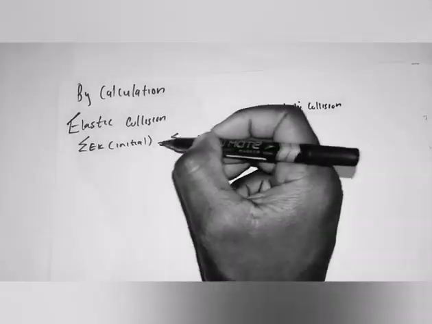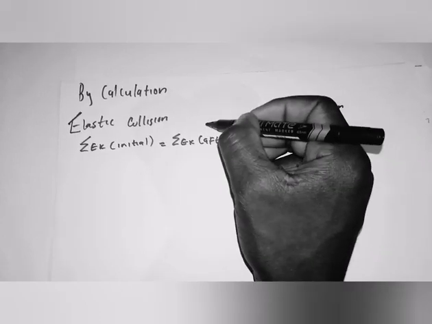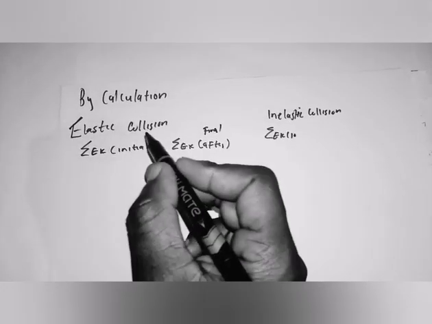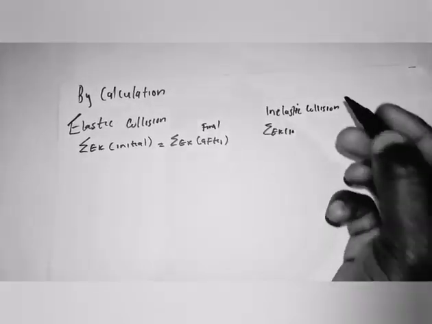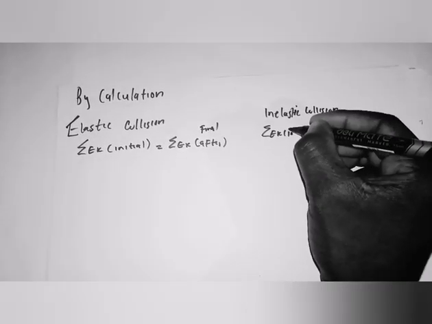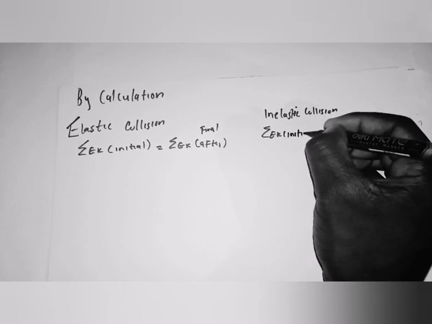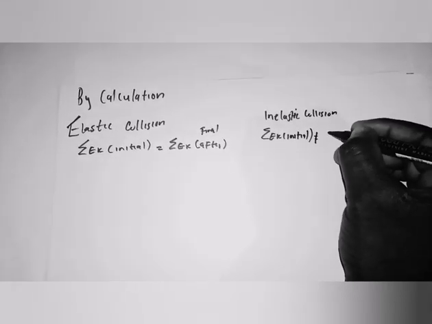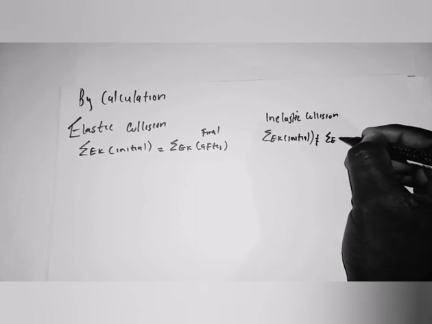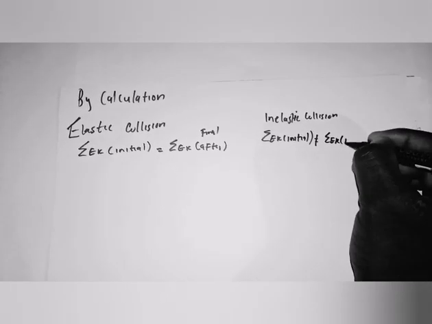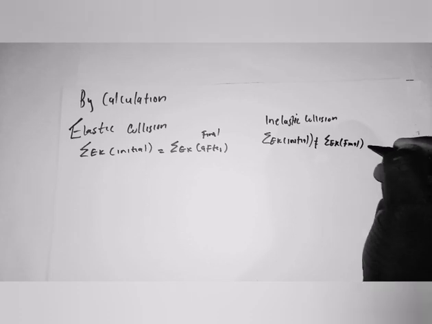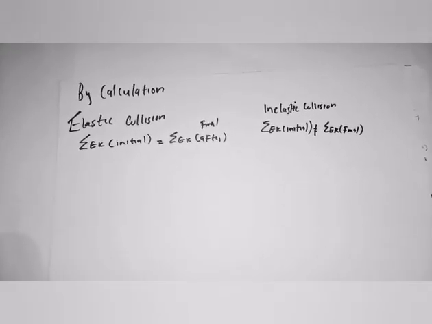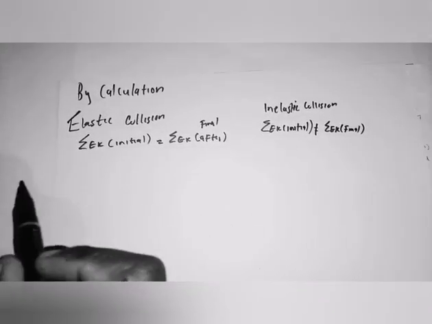Oh, sorry, here I was supposed to write final, since on the left I said initial. So sigma EK initial is not equal to sigma EK final, since the definition says that kinetic energy is not conserved, so that's what it means.